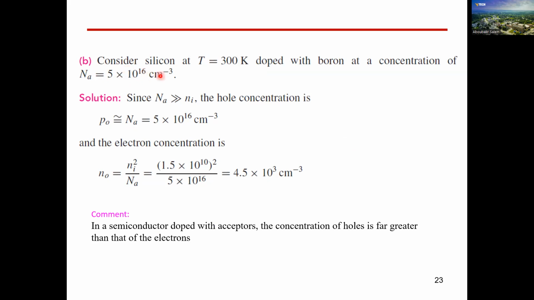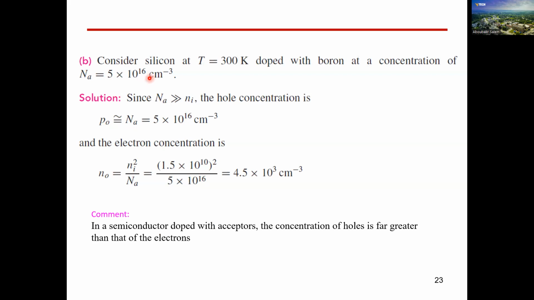Since this is P material now, we expect that the hole concentration is going to be much higher than the electron concentration. So we can assume approximately that the hole concentration equals the doping concentration, which is 5 times 10 to the power 16.